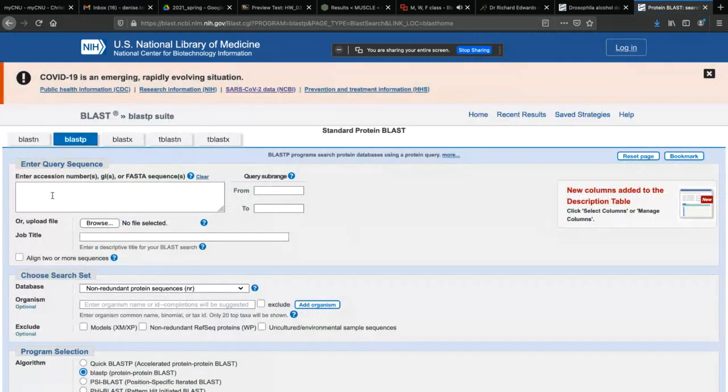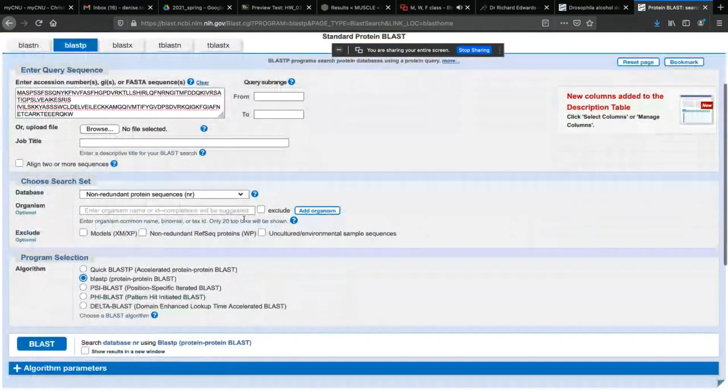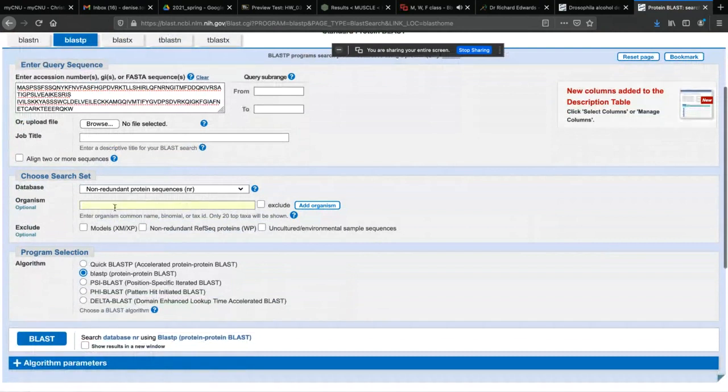So we're going to do BLASTP because I have a protein sequence. I could narrow this down to plants, thinking that the label is true. But if I don't know that the label is true, I'm just going to let it look through all the protein sequences for what matches that protein.